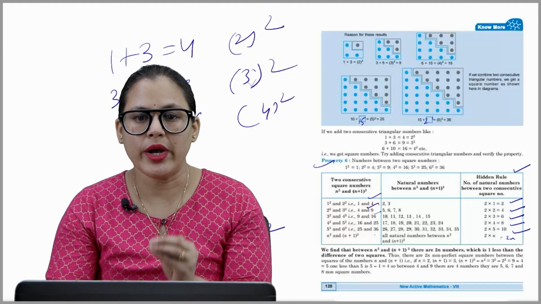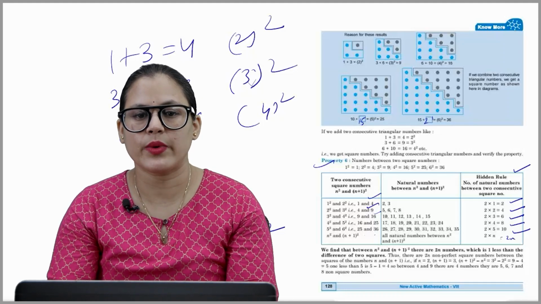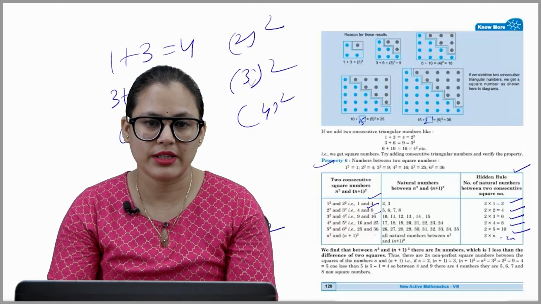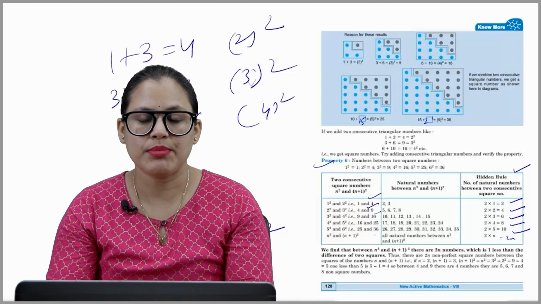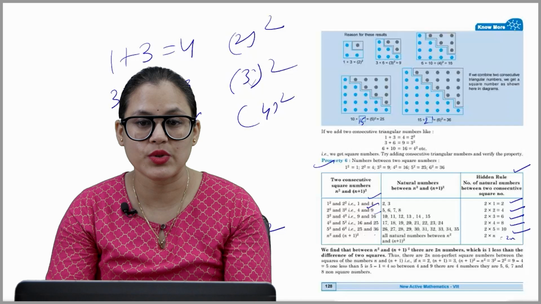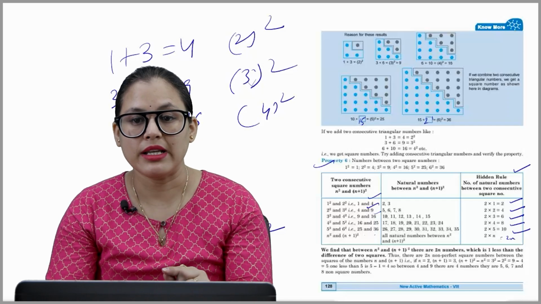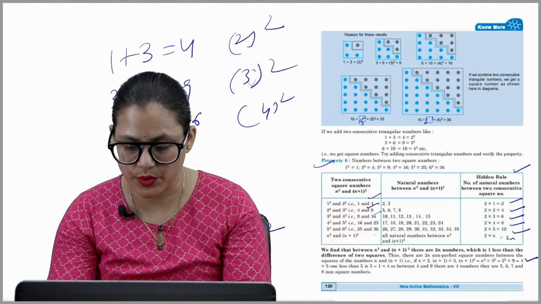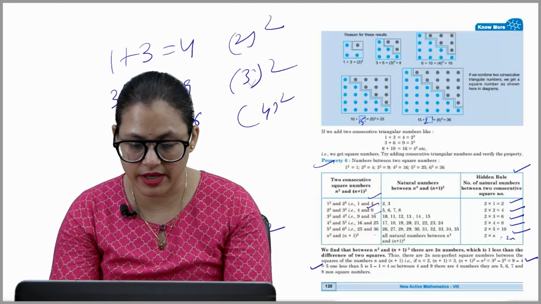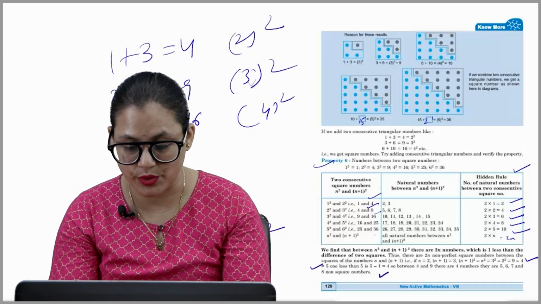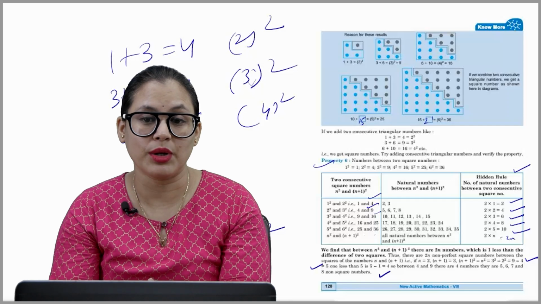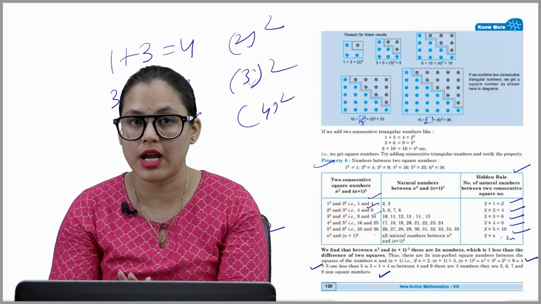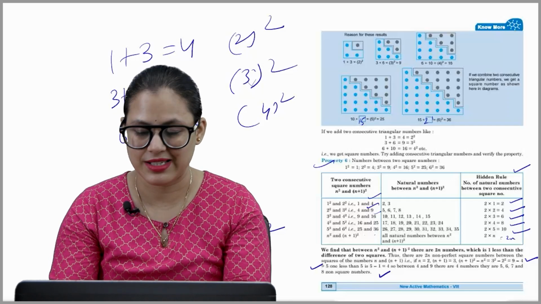Thus, there are 2n non-perfect square numbers between the squares of the numbers n and n plus 1. That is, if n is equal to 2, n plus 1 is equal to 3. (n plus 1) square minus n square is equal to 3 square minus 2 square is equal to 9 minus 4 is equal to 5. 1 less than 5, 5 minus 1, is equal to 4. So, between 4 and 9 there are 4 numbers, they are 5, 6, 7 and 8, non-square numbers, right?